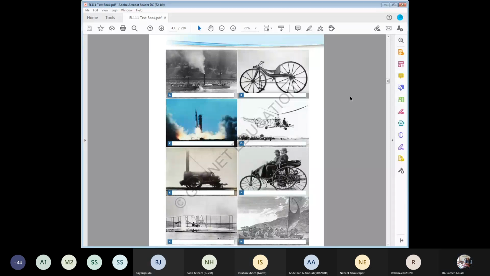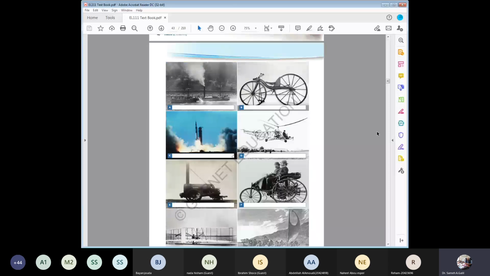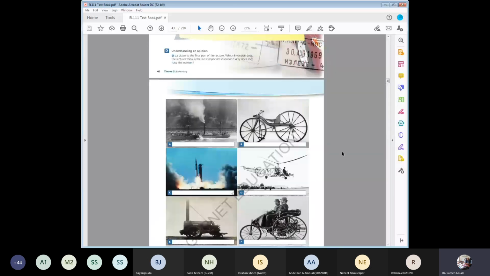What did you say? Cars. The car. So Ibrahim likes cars. The plane, not plan. Okay, the plane. Okay, nice. Helicopter. Okay. We have looked enough at them. Let's go back.